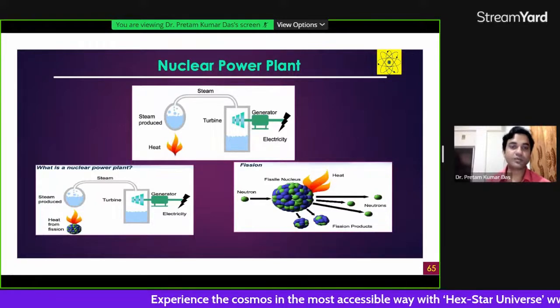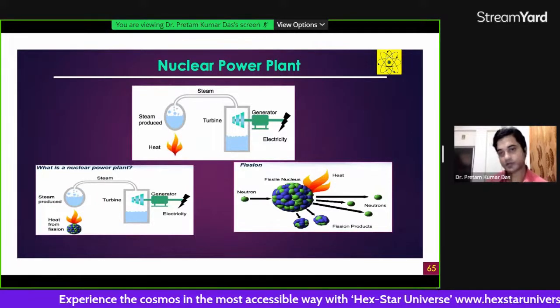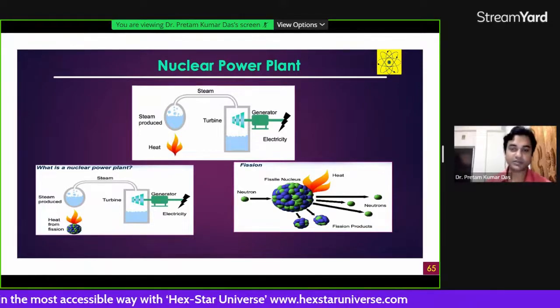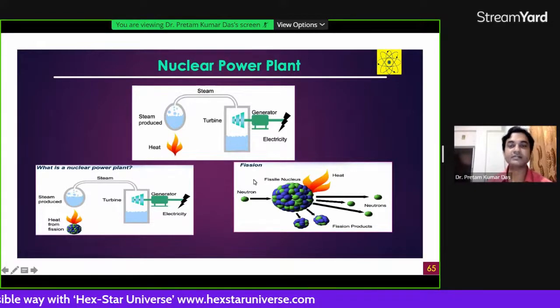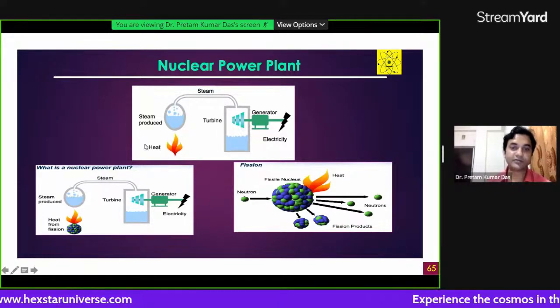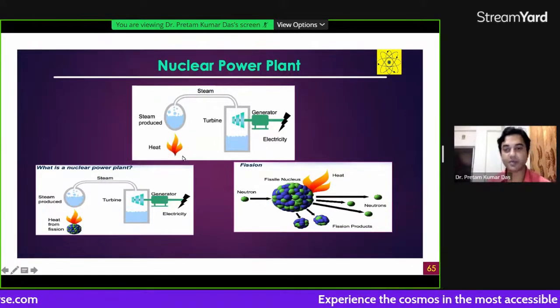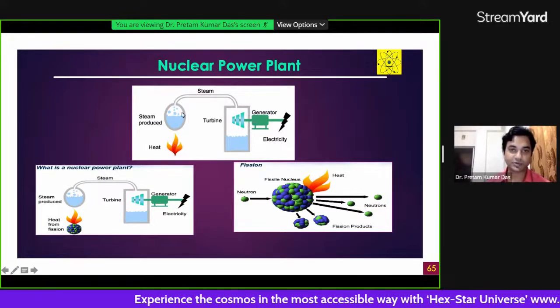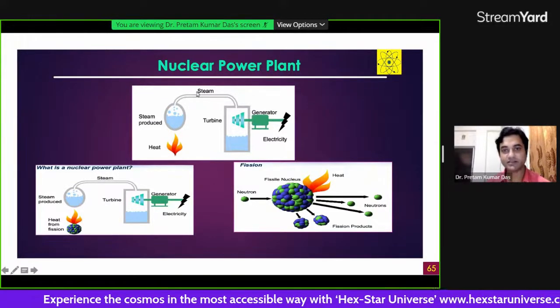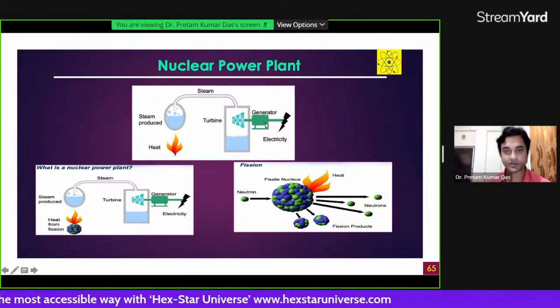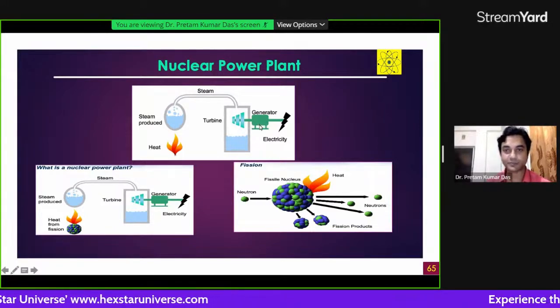If we compare a general power plant with a nuclear power plant, we can see the thing is almost the same. Here we get heat by burning coal, oil, or gas. We get steam, this steam turns the turbine, and it gives electricity through the generator.